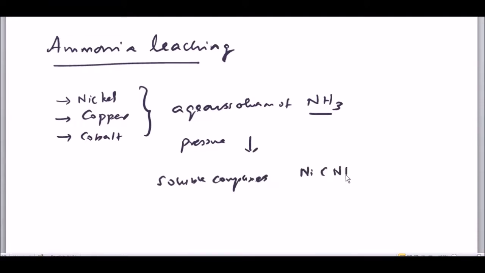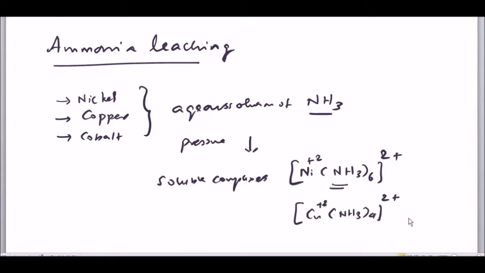Nickel can make a complex like this, Ni(NH3)6, and it is carrying 2+ because NH3 is a neutral ligand. The oxidation state of nickel is +2. Similarly, copper can form Cu(NH3)4, which carries 2+ because the charge carried by the copper is 2+.